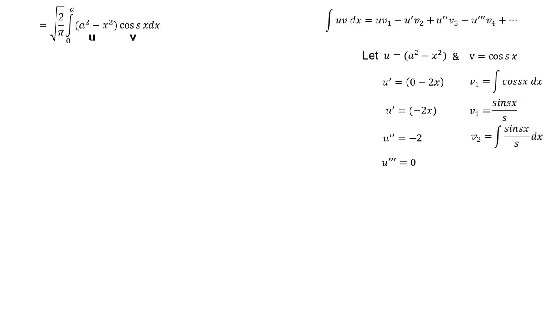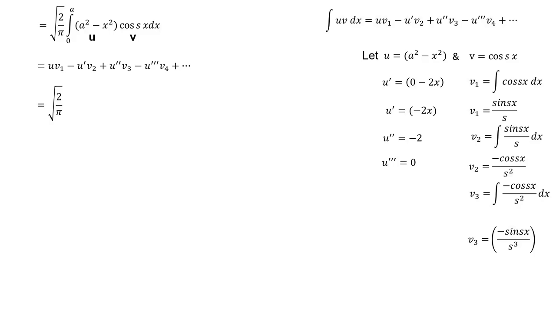And v₂ is the integral of v₁, which is sin sx by s. The integration of sin sx is −cos sx by s, and one more s is already there, so when multiplied we get s². And v₃ is the integral of v₂. Your v₂ is −cos sx by s². The integration of cos sx is sin sx by s, so we get v₃ = −sin sx by s³.